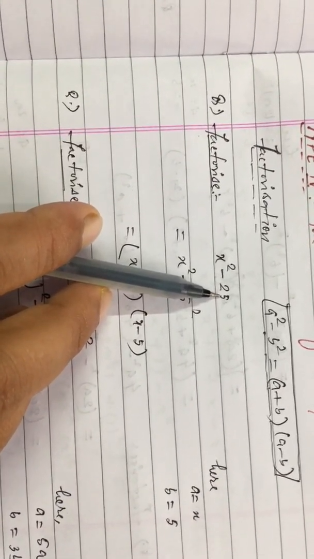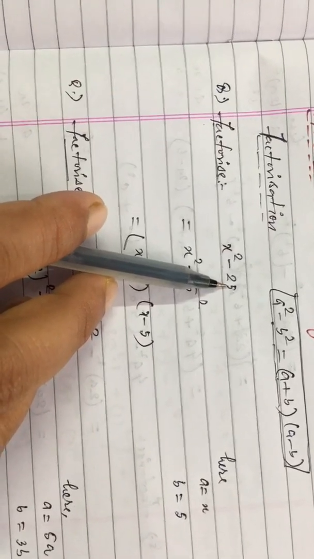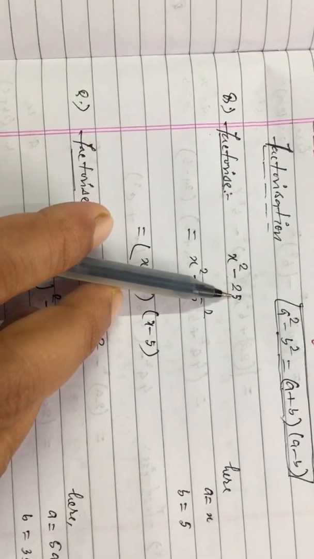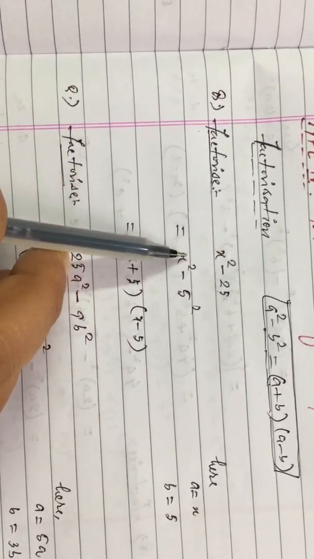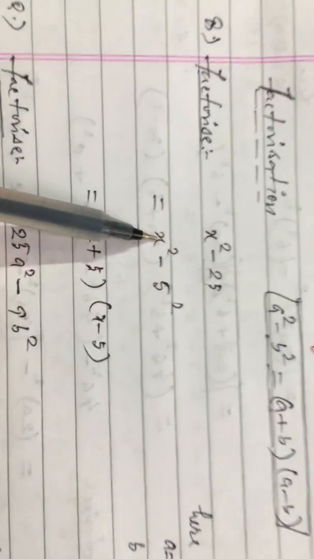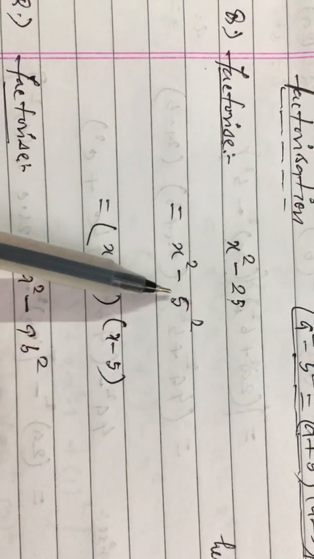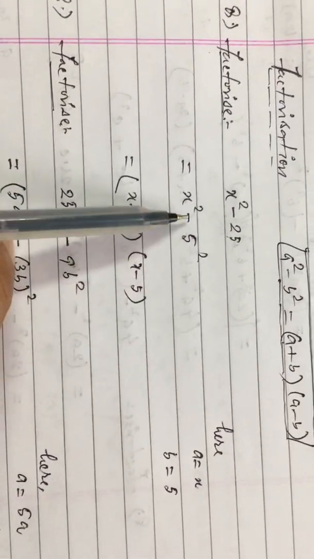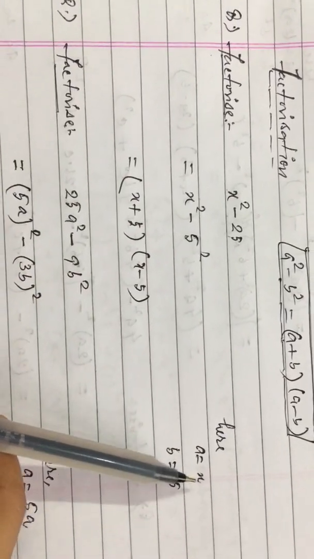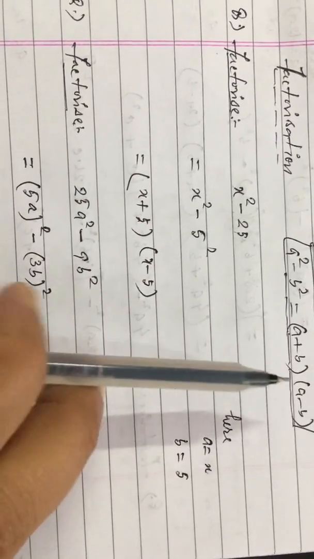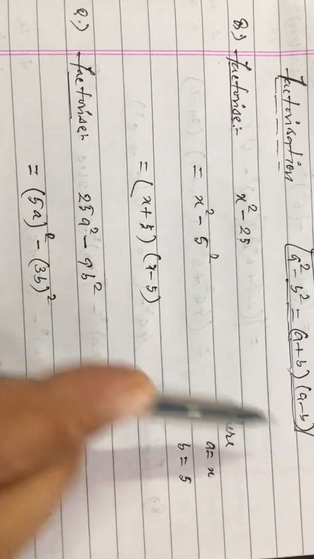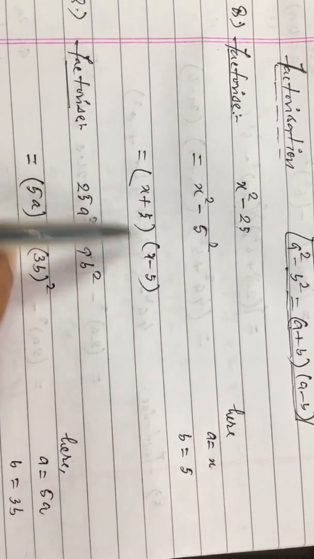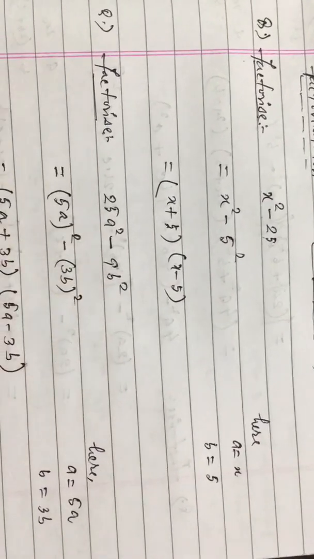In that case, we have to take out some common factor, and after taking it out, that number should be a perfect square. Now see, x square is the perfect square of x, and 25 is the perfect square of 5. Suppose a is x and b is 5. According to the formula, a plus b, a minus b. So a plus b means x plus 5, and a minus b means x minus 5.